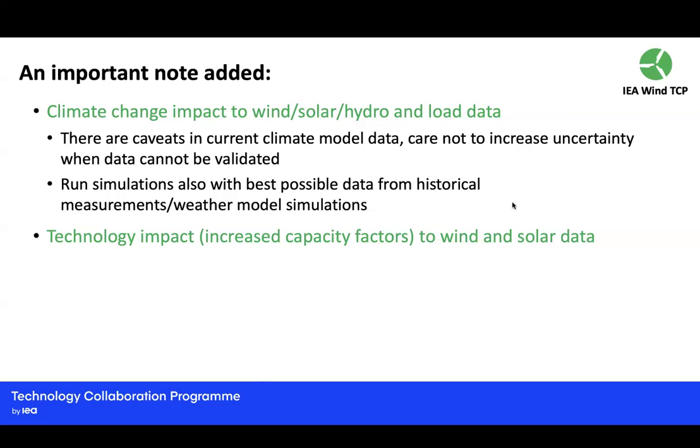When you have wind speed data and convert it to power production, you really want to use relevant technology data to do that. And solar panels are also improving, so what's the average power coming out of them? These things you need to check.